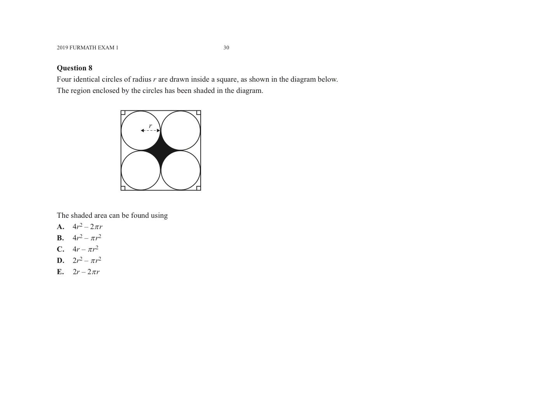Okay, so 4 identical circles of radius r are drawn inside a square as shown in the diagram below. The region enclosed by the circles is shaded in the diagram. The shaded area can be found by drawing the radiuses together.